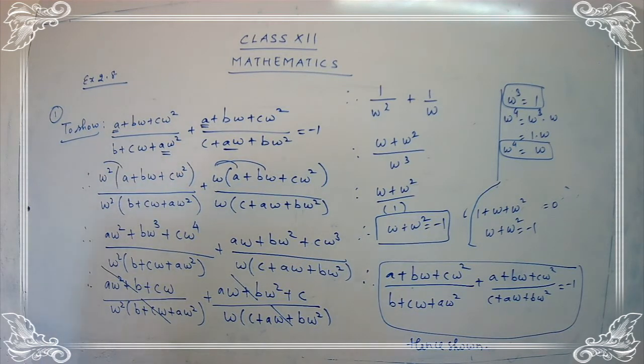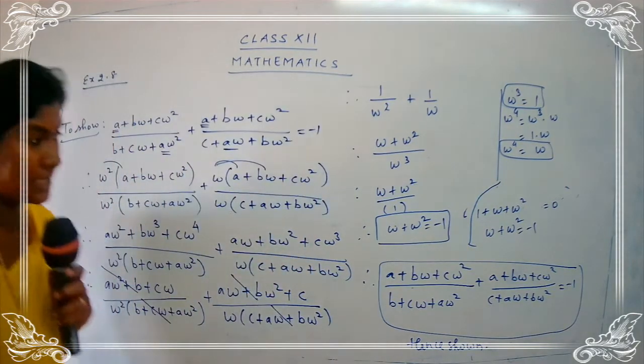Let's see how to simplify it, and let's see whether we get the answer as minus root 3. We have to get the answer as minus root 3 because the question is to show that. Show that means we have to simplify and we have to get the value as minus root 3. So let's take down the second question, children.